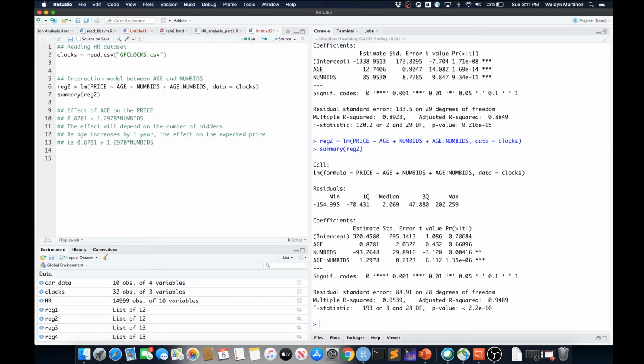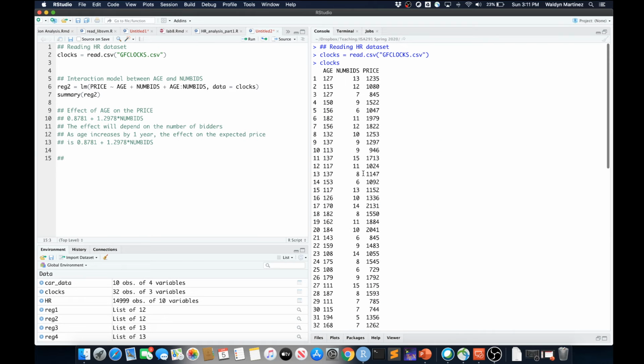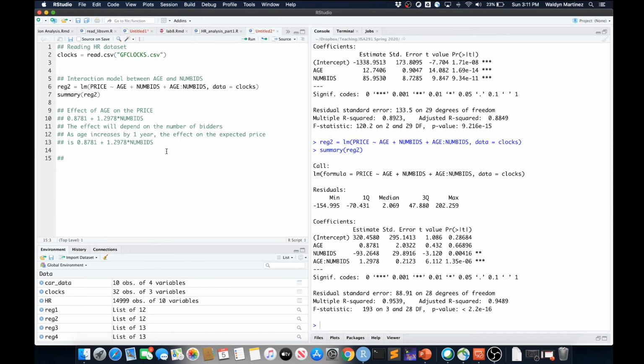So we can actually make an example. Let's say that we have 10 bidders. Then the effect is this: as age increases by 1 year, on average the price will increase.